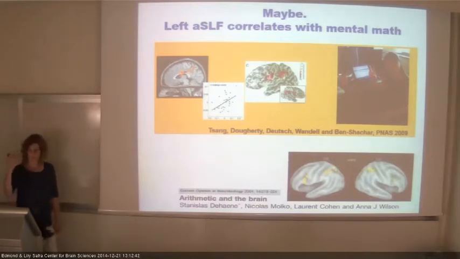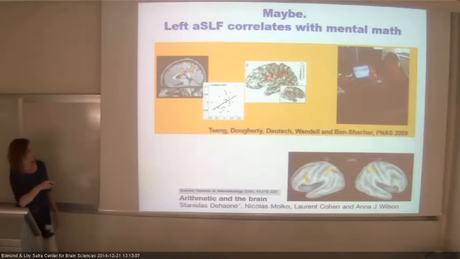So there was a hypothesis that led us to look at this pathway, but while we were there, we also looked at the long segment, the arcuate fasciculus, and we didn't find a correlation for math with the long segment. So this is now a functional dissociation that I'm trying to convince you of between the two different segments of the SLF.